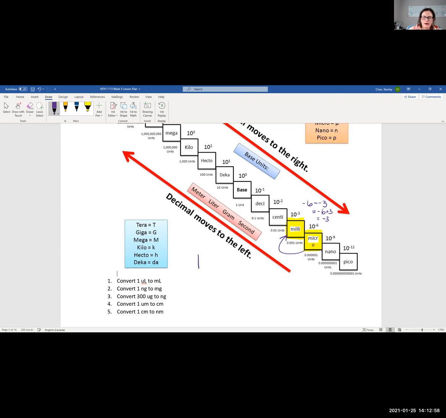So 1 microliter, the decimal is right here actually, so it's going to move 1, 2, 3 spaces to the left. So what we're left with is 2 zeros, so it's 0.001, and then it's going to be milliliter. Is that correct? No, that doesn't sound right. Let me think about this. Convert 1 microliter to milliliters. So we're going from micro to milli.